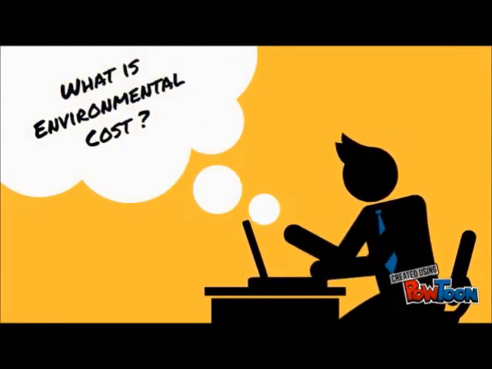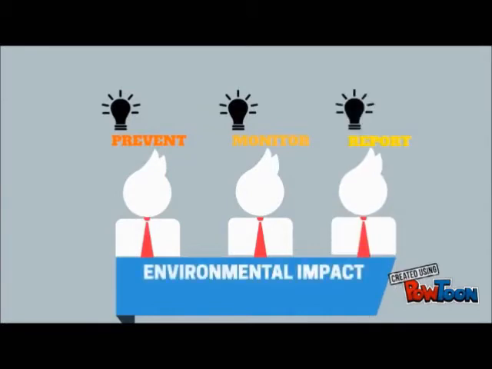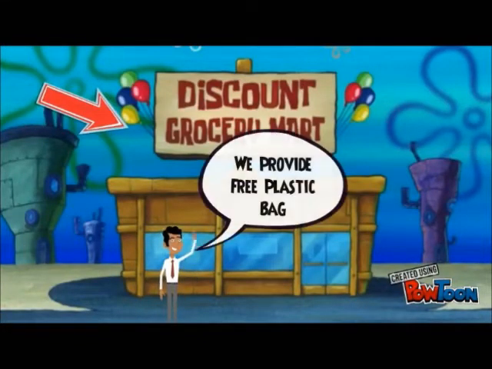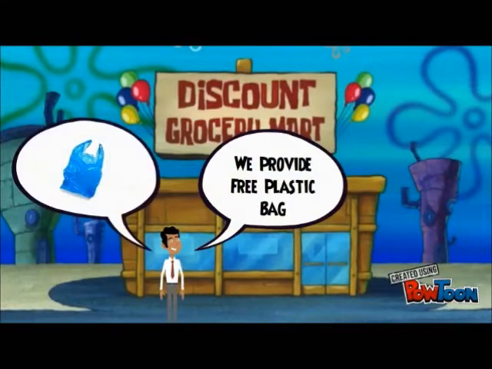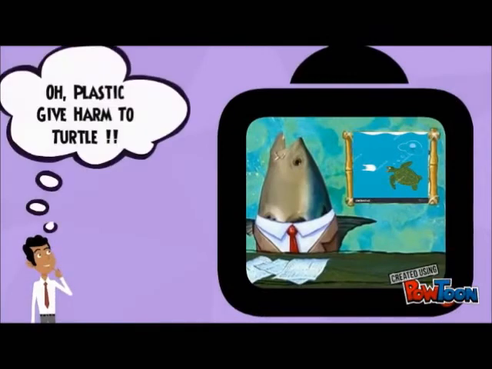Environmental cost management can be simply understood as the cost that an organization incurs to prevent, monitor, and report environmental impact. It is also related to the cost of failing to comply with environmental regulation. Let's take a look at this analogy. A supermarket provides plastic bags to their customers. One day they realize that the plastic bag contains some type of harmful chemical and plastic is not disposable.